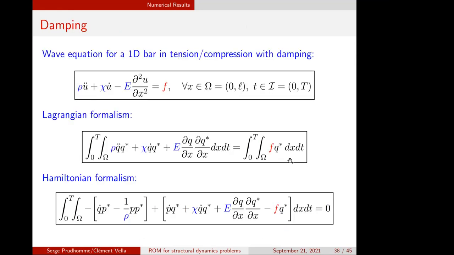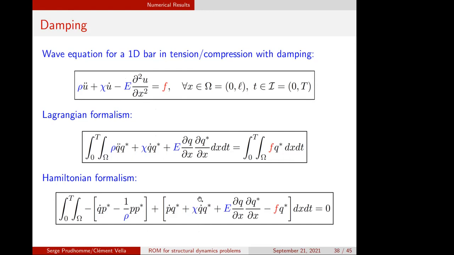Okay, I'm going to show now a case. So we did also the same exercise with the damping. So we are going to introduce damping in terms of chi mu u dot. When we use the Lagrangian formalism, the only difference is that now we have this new term in the equation. When we use the Hamiltonian formalism, we have this new term here.